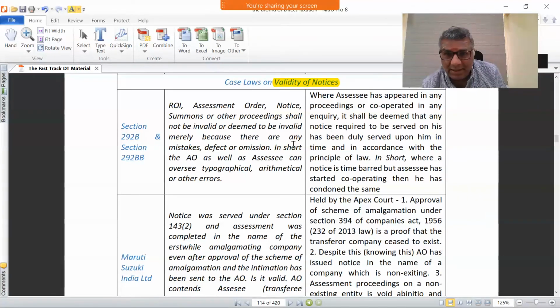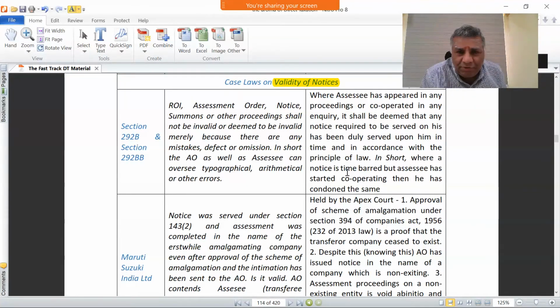292BB, look at this. Where assessee has appeared in any proceedings and cooperated in an inquiry, it shall be deemed that any notice required to be served on him is duly served and is in accordance with law. In short, where a notice is time barred but assessee starts cooperating, then assessee is condoning the delay.